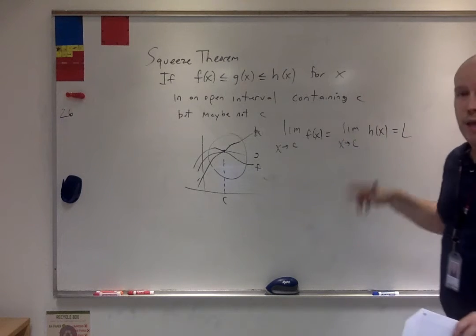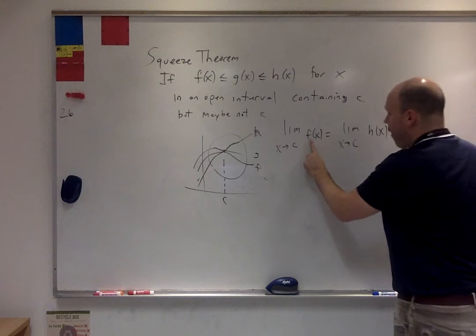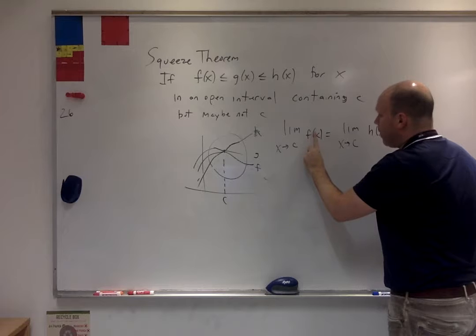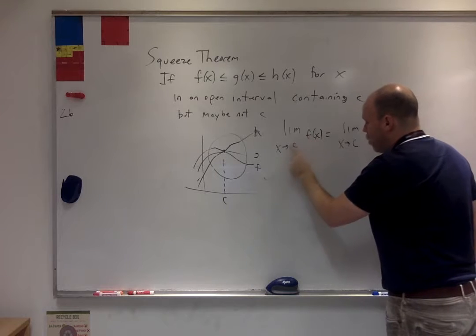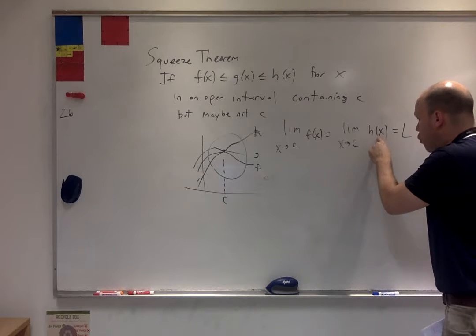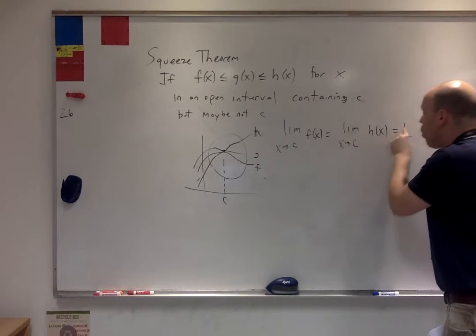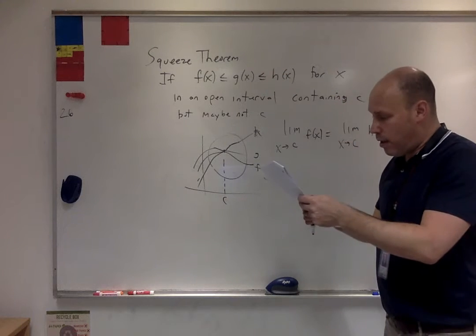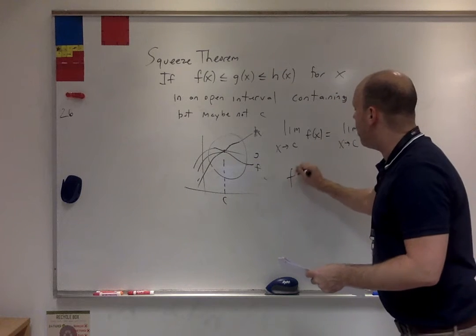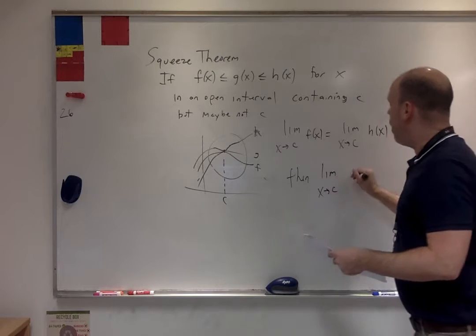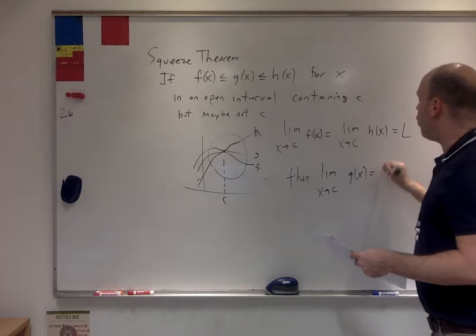You know that the little function as it approaches C is L, and you also know that the big function as it approaches C also approaches L. What does the squeeze theorem tell us? It tells us then the limit as x approaches C of g of x equals L also.